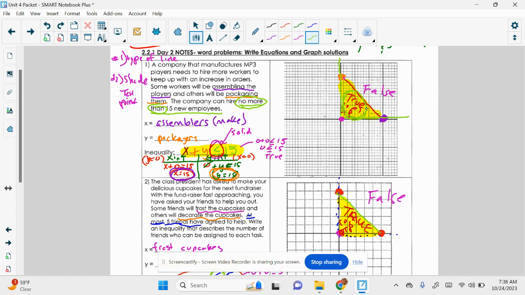So anything inside of here, these are possible answers. And if you're like, what do you mean they're possible answers, Mr. Quammen? I don't get it. Well, they're possible combinations of things. So, for instance, in this first one, we were talking about people who will assemble, like build MP3 players, and people who will package.